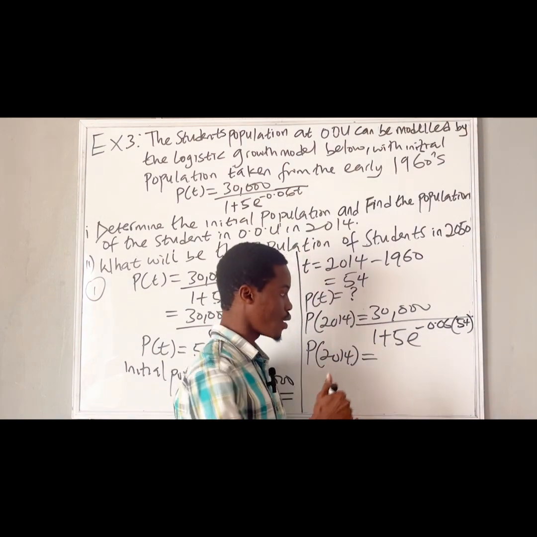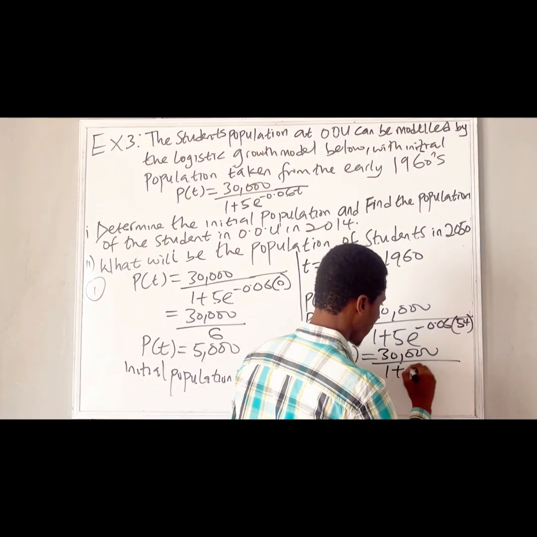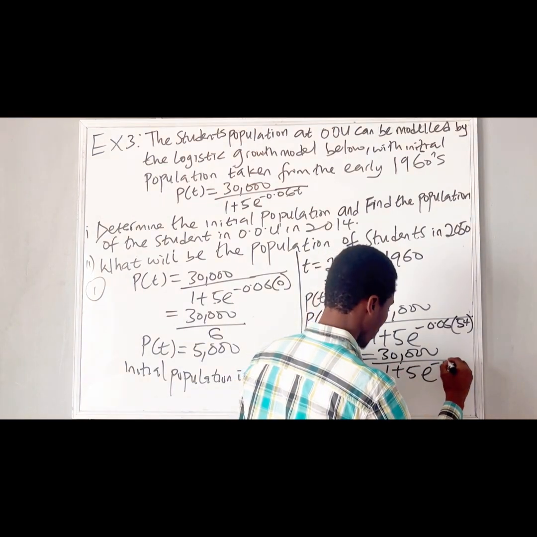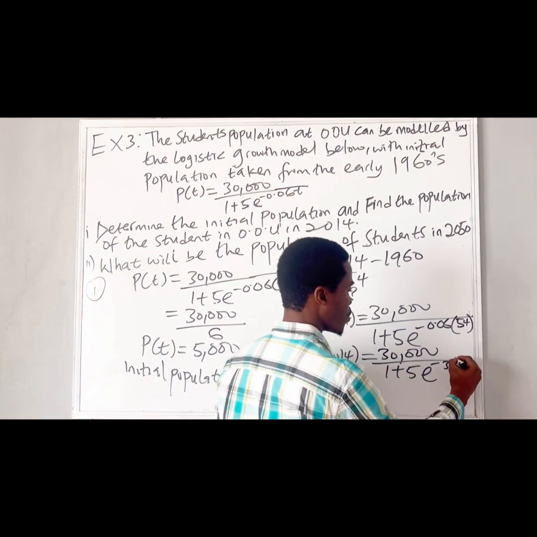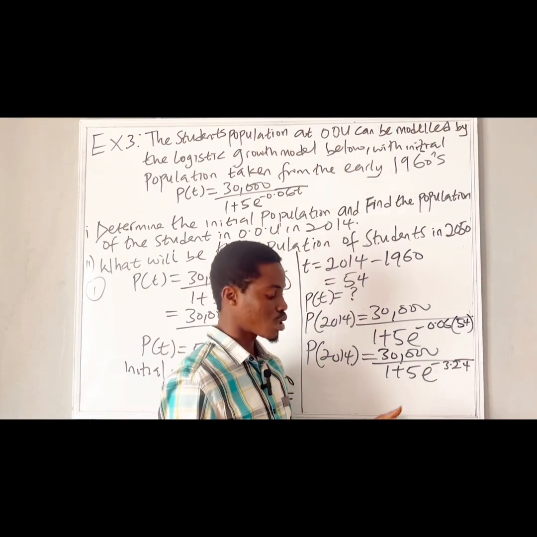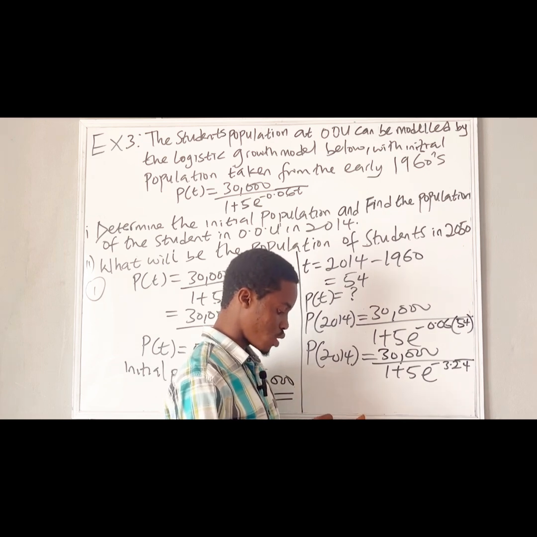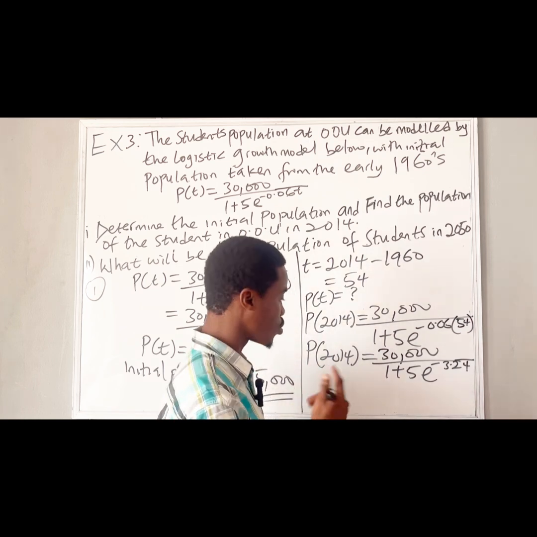So we have 30,000 over 1 plus 5 exponential minus 3.24. If you take the exponential to the power of minus 3.24, what are we going to get? We are going to have 0.0392.